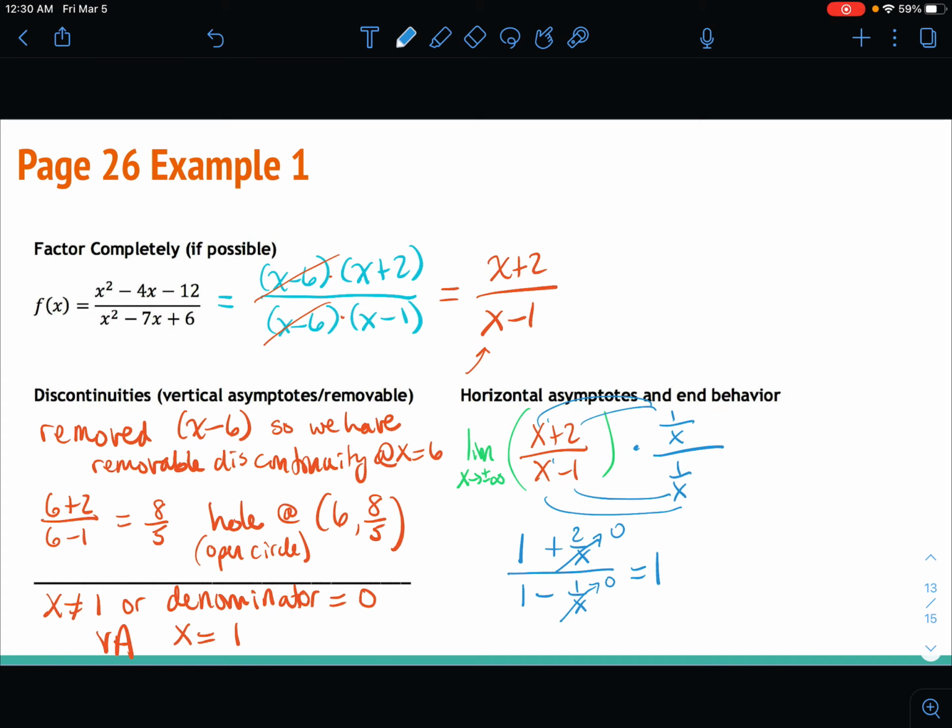And so this is just 1 over 1, which is 1. So now we can say, okay, the horizontal asymptote is y equals 1. And for the end behavior, the limit as x approaches plus or minus infinity of this function is 1.